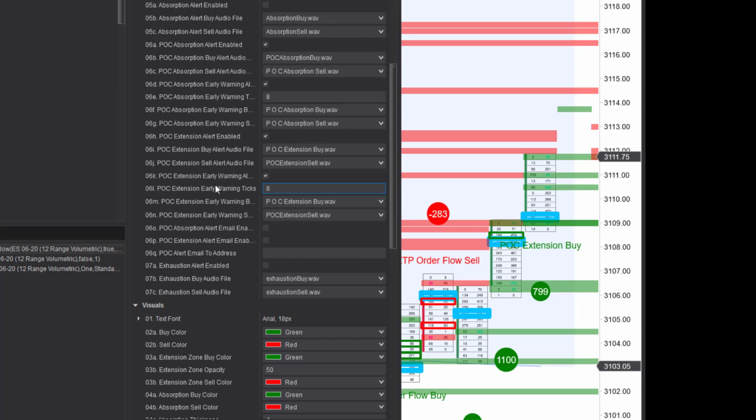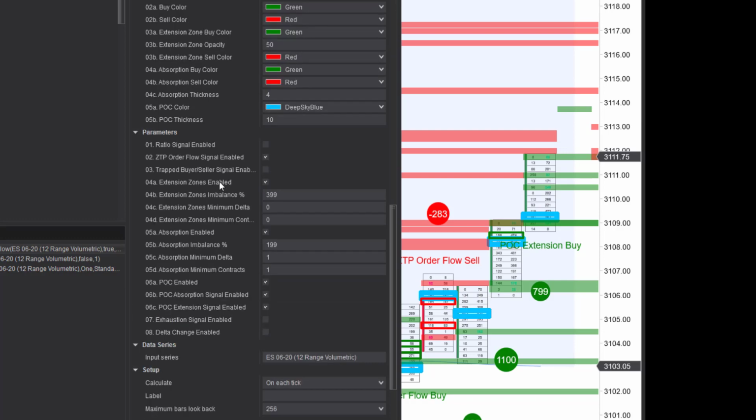If you set it for a lower number, you're going to get more audible alerts that are less credible. And especially when you have these POC absorption and extension, by the time price has traded down 2 points, it's highly likely that the bar is going to complete with those signals intact.